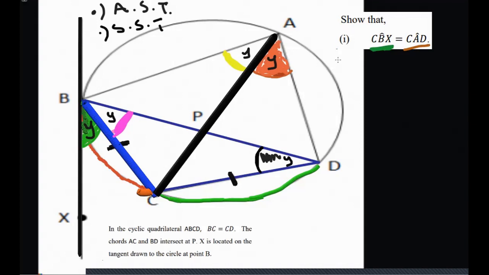Now we have to tell the story in our answer. How did we figure out that this green angle is equal to the orange angle? We have to tell that story to our examiner. So let's start telling the story.